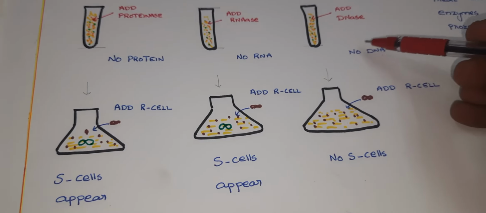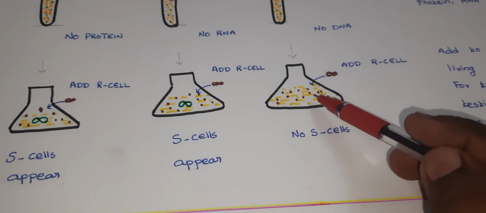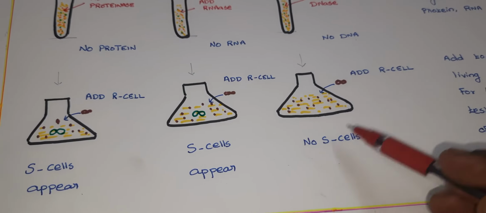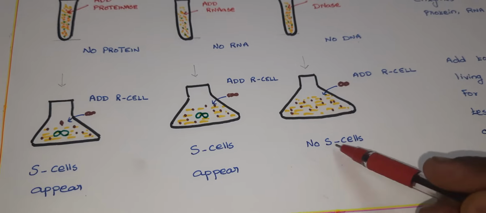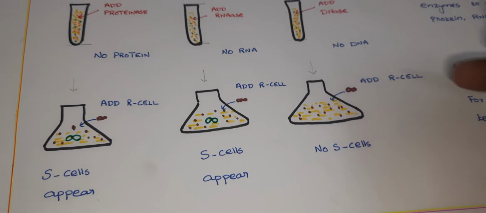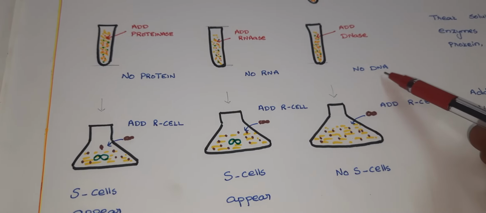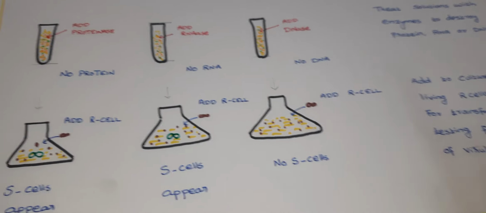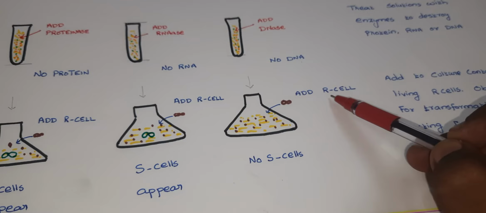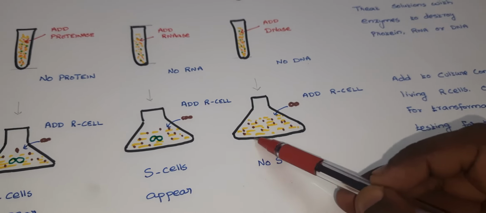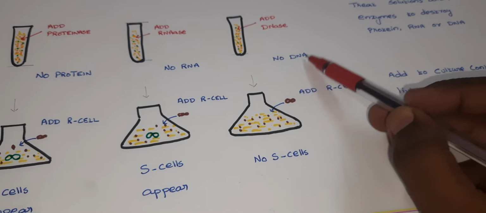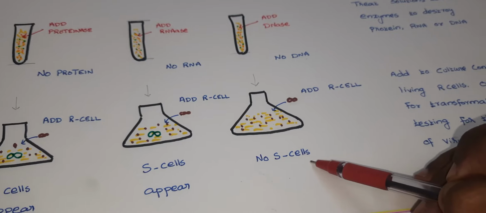If DNA is present, there will be conversion of R cells into S cells. So this experiment concludes that DNA is the main transforming principle which transforms R cells into S cells. So no DNA, no S cells.